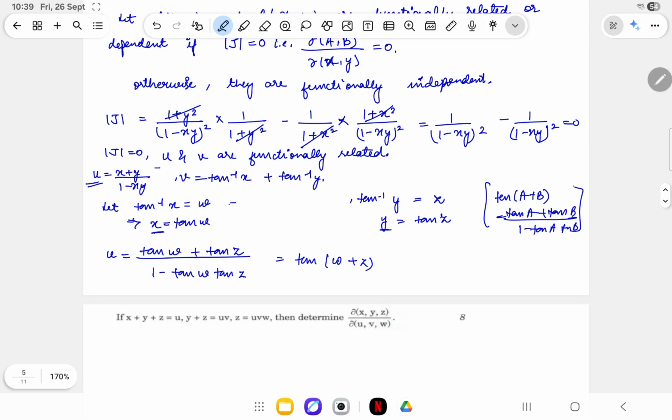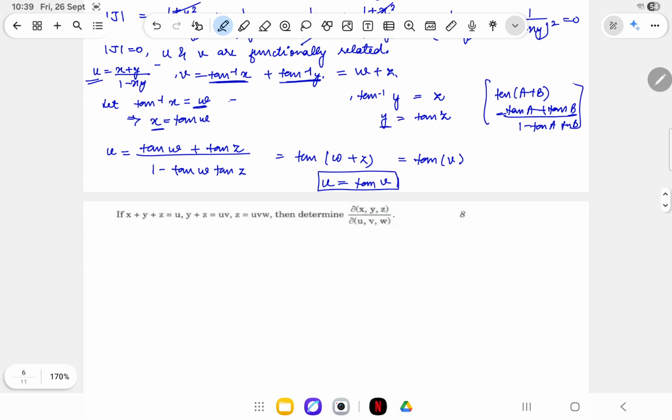Our w + z is basically v, so it is equal to tan of v. From here you can see that w, that is tan⁻¹x, plus z, that is tan⁻¹y, gives v equals w + z. So we got a relation: u equals tan v. This is how u and v are related. So let's move on to the next question.